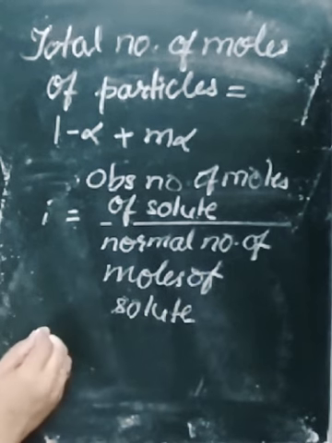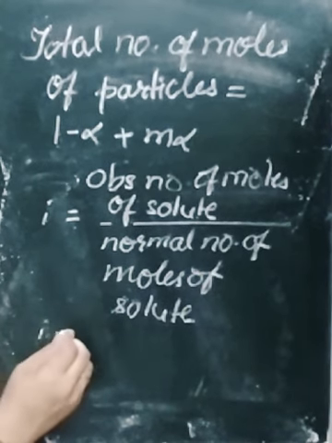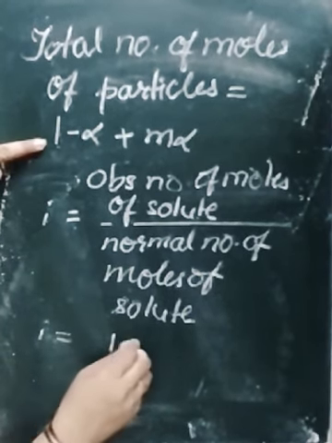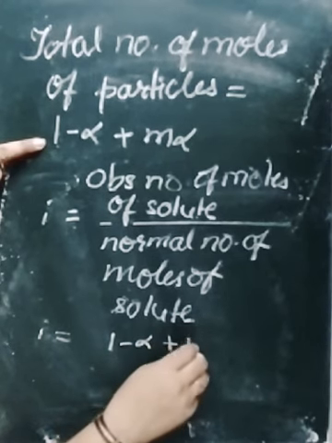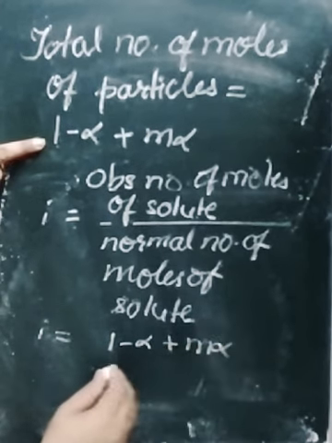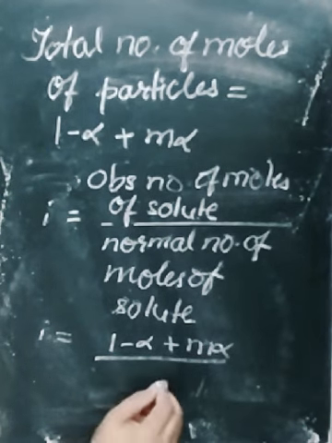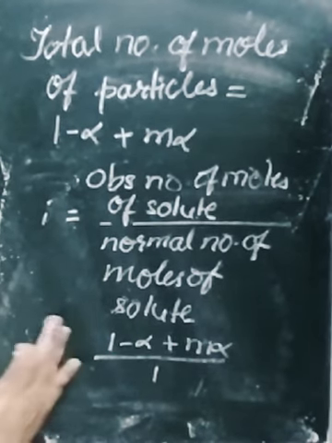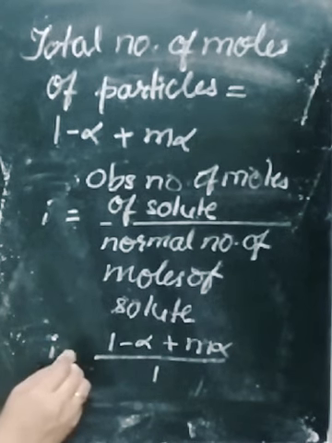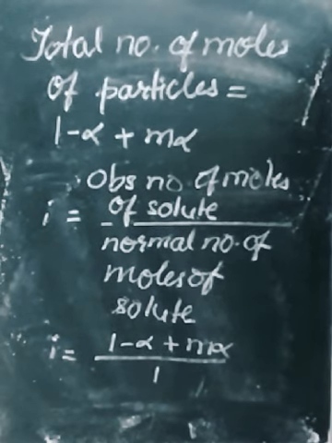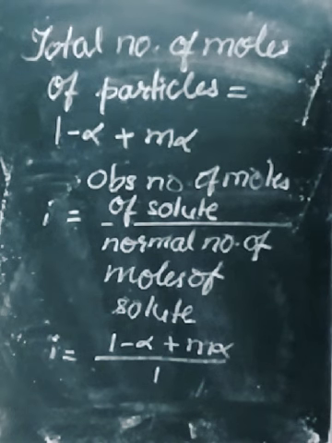We have seen the observed number of moles of solute is 1 minus alpha plus m alpha, and the normal number of moles was 1. So i will be equal to 1 minus alpha plus m alpha.